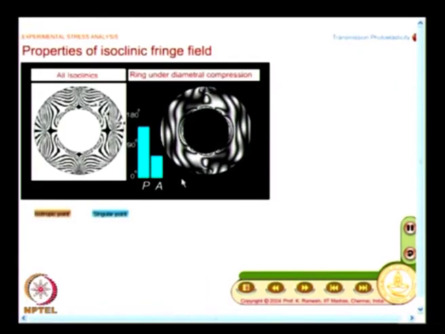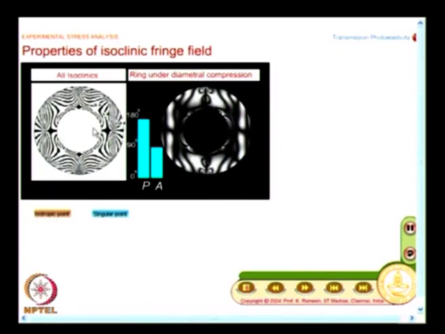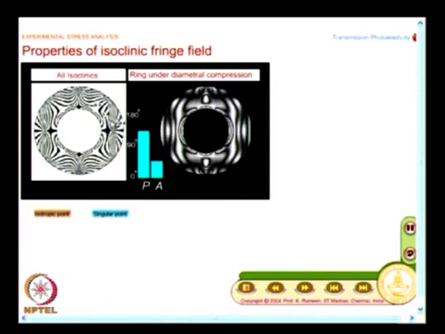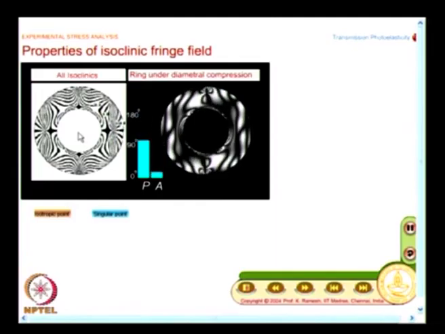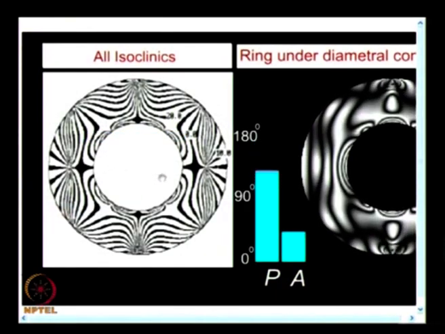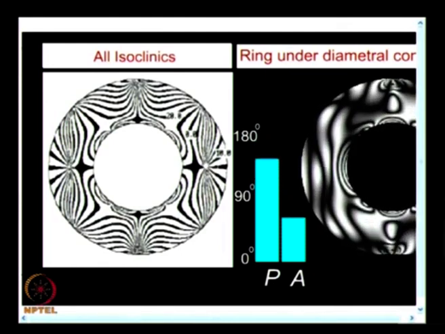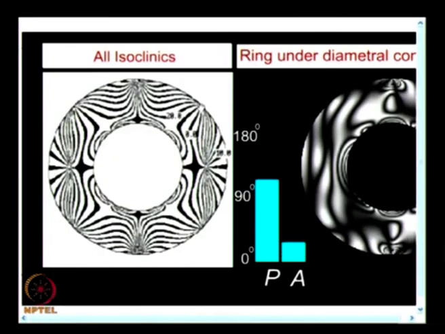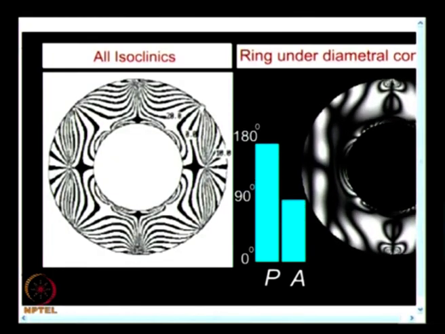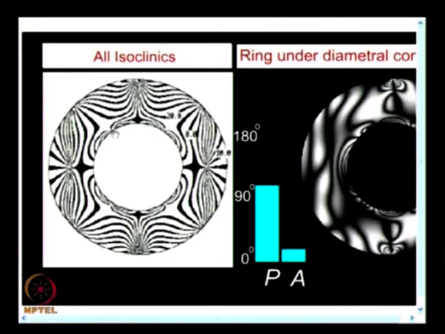So, to aid your visualization, I have also plotted the isoclinics in steps of 10 degrees, and this summarizes some of the observations. What I find here is, at this point all isoclinics pass through, at this point all isoclinics pass through, and at this point you have all isoclinics pass through.